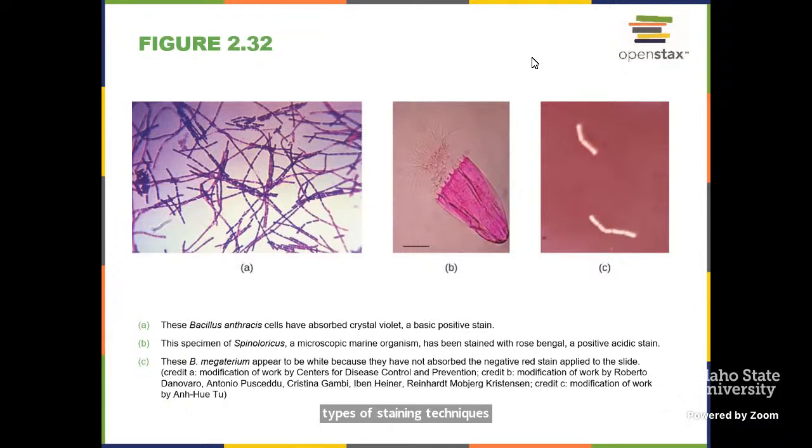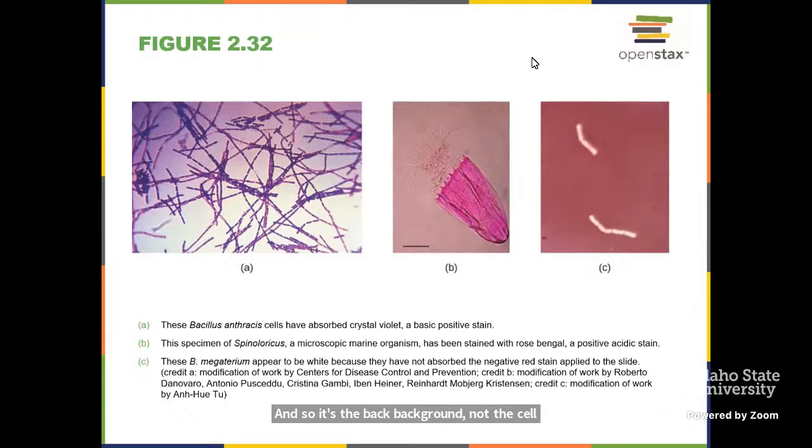So with this, our Bacillus, the crystal violet is a basic positive stain, and that wants to stick to those cells, versus our negative stain, that's really kind of like a magnet. It's repelled by that, and so it's the background, not the cell itself, that's picking up the stain, right?